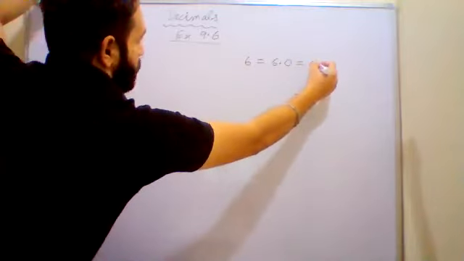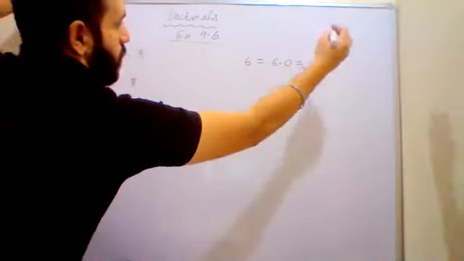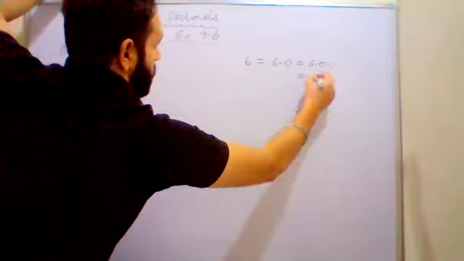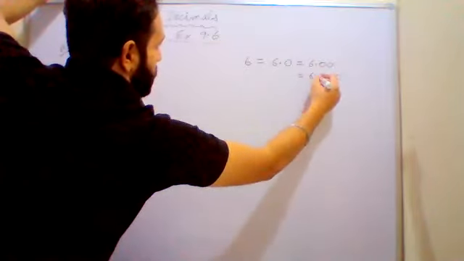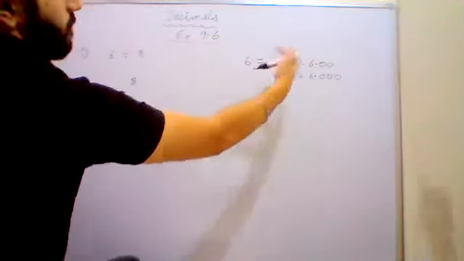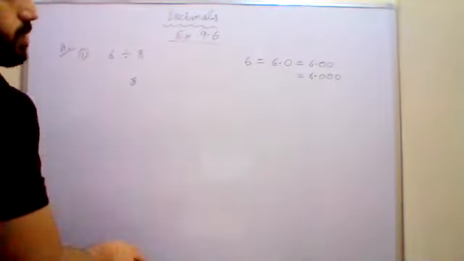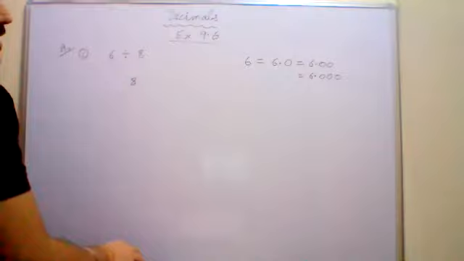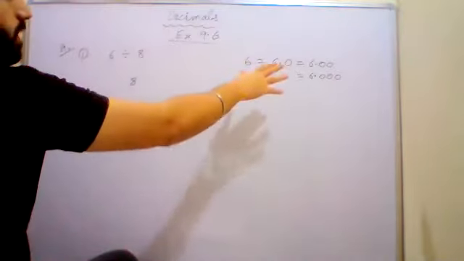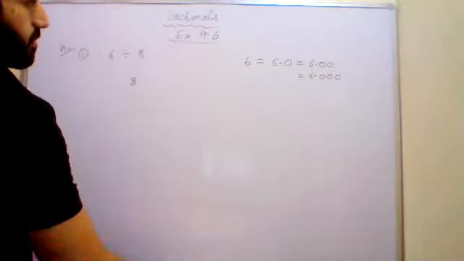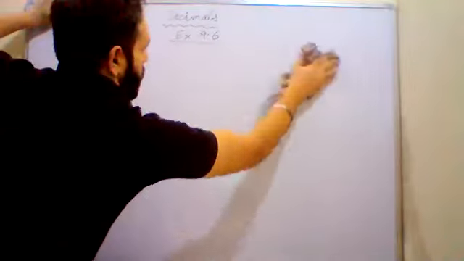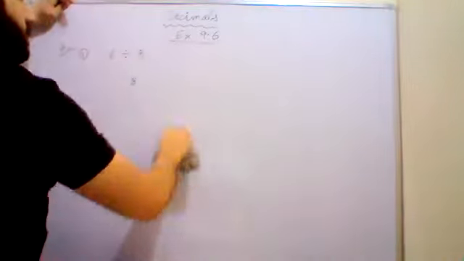Or you can write 6.00, or 6.000. As many zeros as you want, you can add after the decimal. Got it? So this thing we are going to use here.